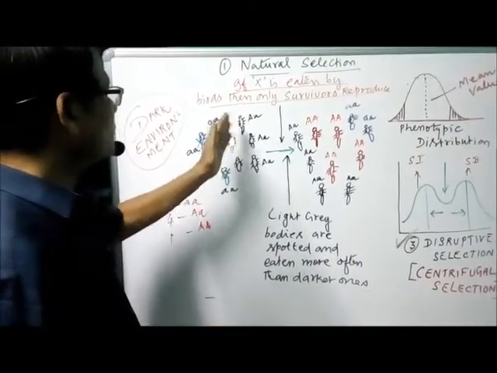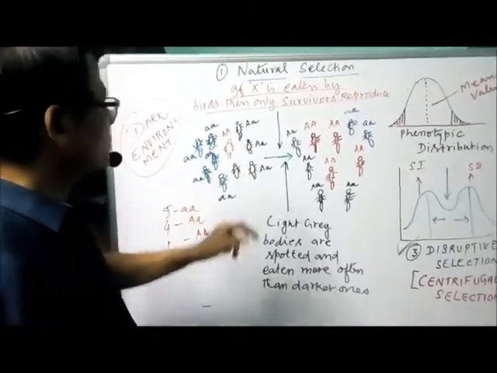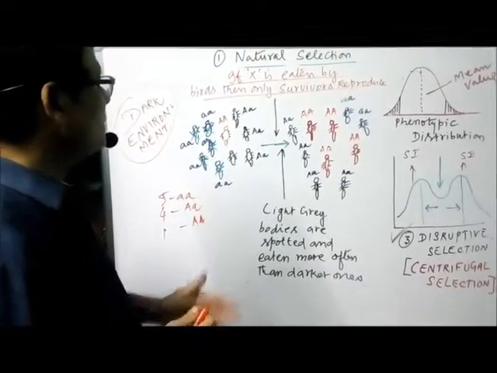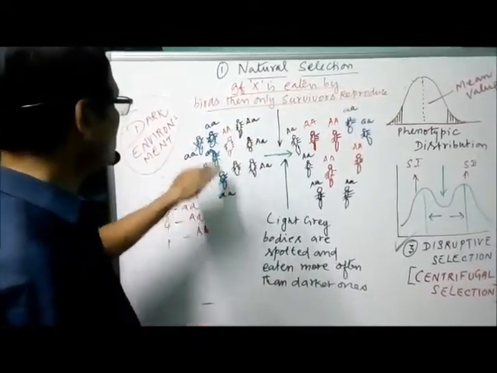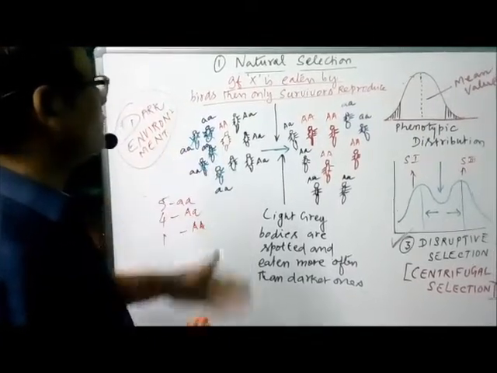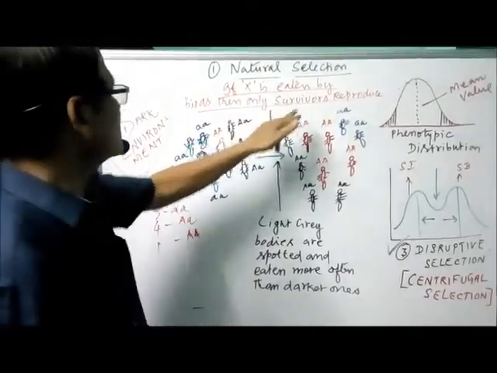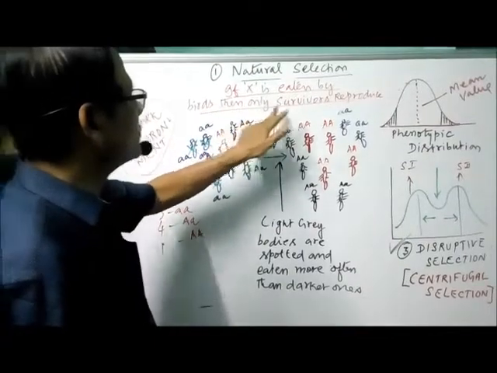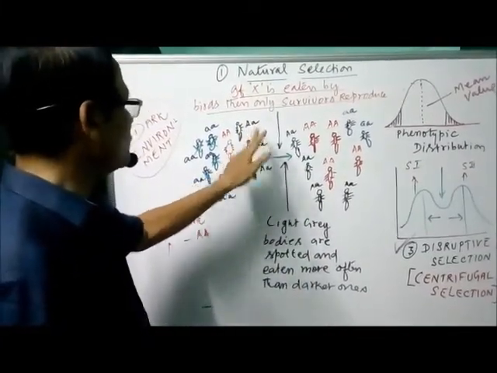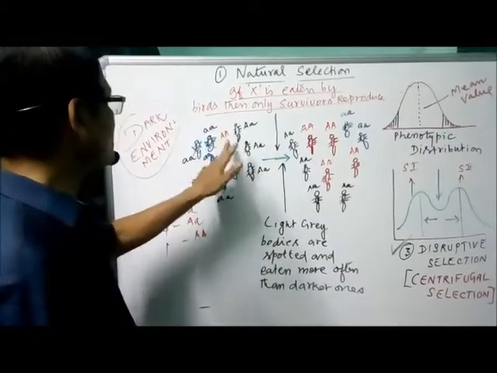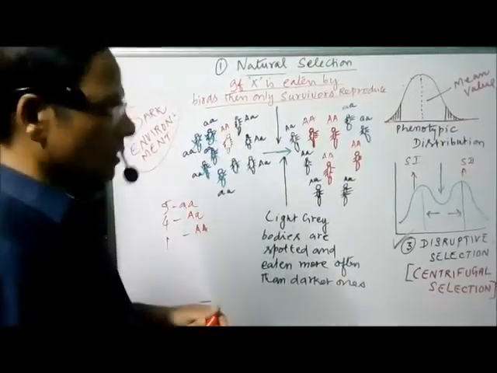The rest, we have 5, that is heterozygous dominant and homozygous dominant. Here I put an X on these homozygous recessive individuals. If they are eaten by birds, then only the survivors reproduce. The only survivors are heterozygous dominant, 4 in number, and homozygous dominant, 1 in number.